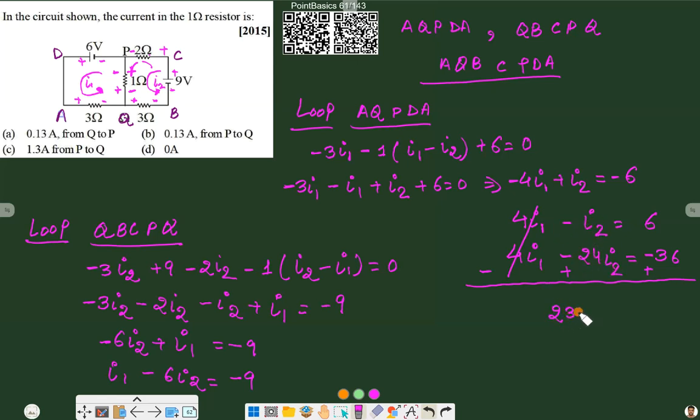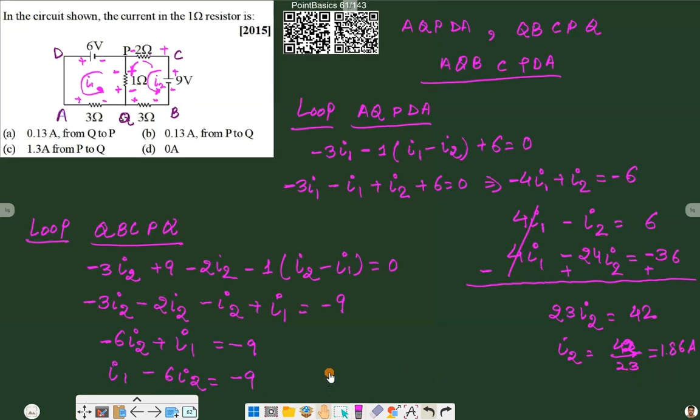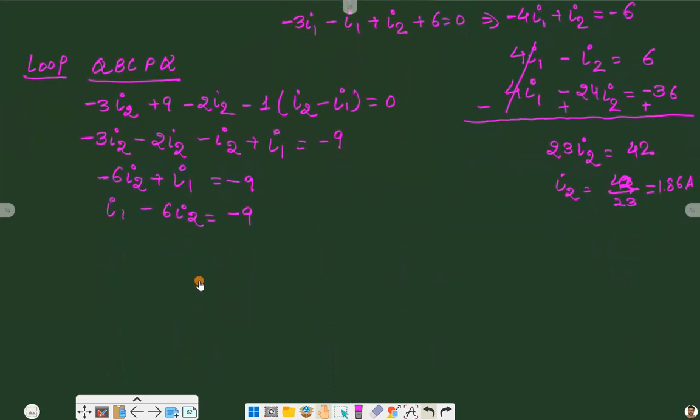So 23 I2 is equal to 36 plus 6, 42. So I2 is equal to 42 by 23. Now solving this, we get I2 is equal to 1.83 ampere. It was 1.826. We can use it here to find the value of I1.